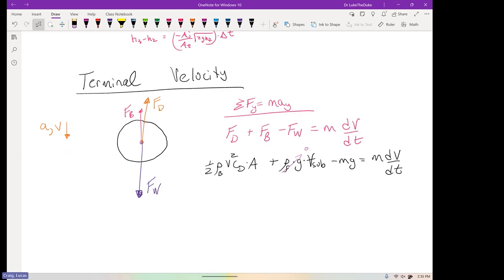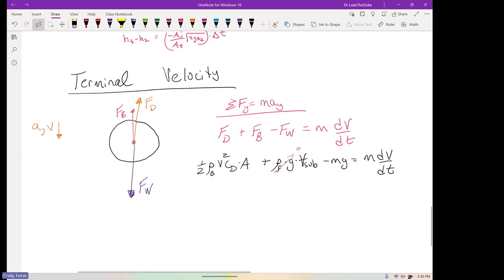So let's visualize, and I want to give you some other equations here. As this ball is picking up speed, this number increases, right? That makes sense? To the power of what? 2. What about this number? Stays the same.